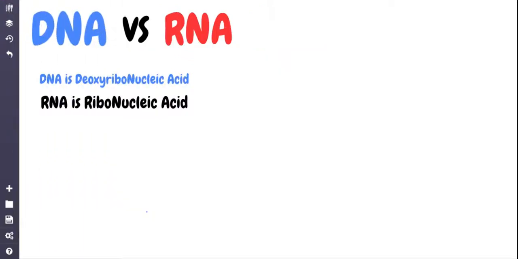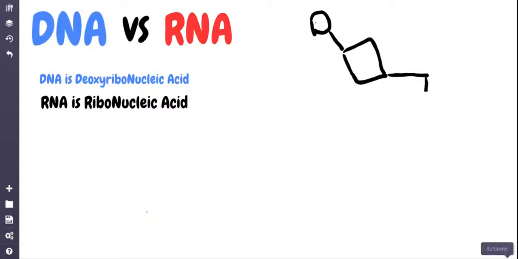I'm gonna draw it like this: a circle, and then a line here, connect that to a square, and then go like this. That's how I'm gonna do it.